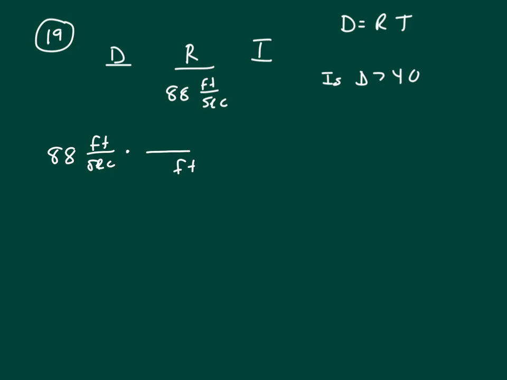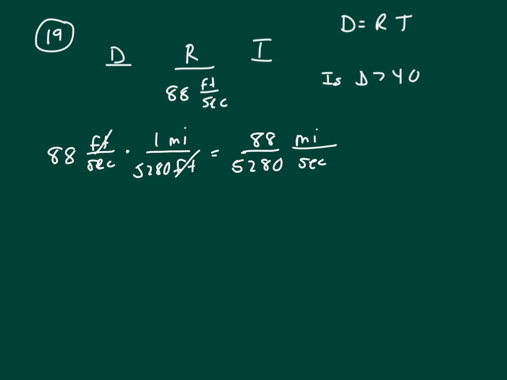So feet needs to be in the denominator, and that's 5280 feet in 1 mile. So these cancel. So now I'm left with 88 over 5280 miles per second.